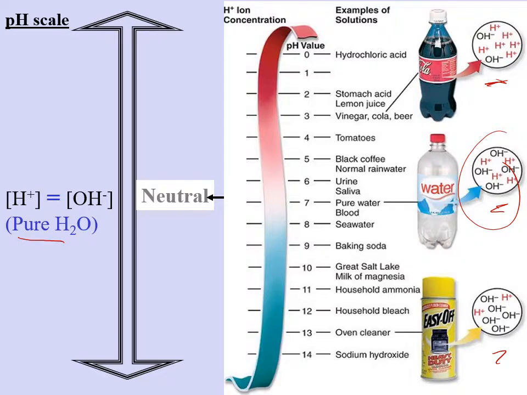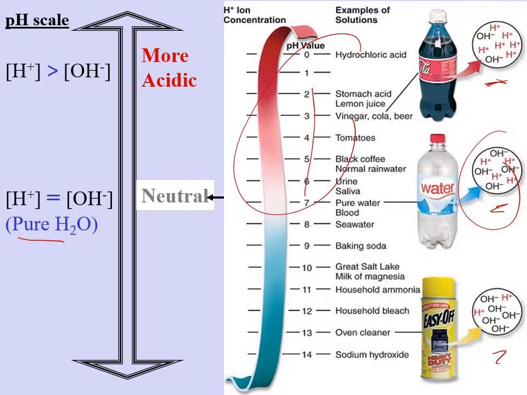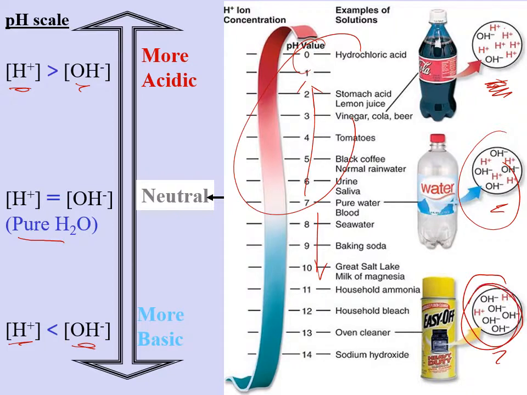Whereas up here, notice the numbers are going down, because here's 0. We have more hydrogens than hydroxides, and you can see that over here. There's a lot more hydrogen ions in this little circle than there are hydroxide. And then on the opposite end, when you go the other direction, you have more hydroxide than hydrogen. So this is getting more and more basic, which you can see right here.